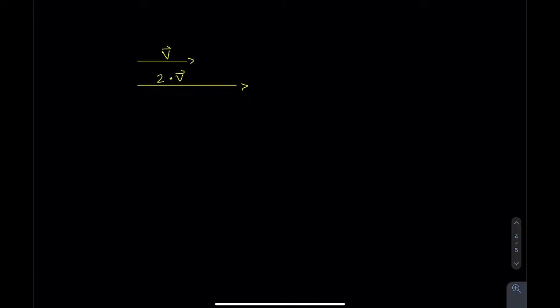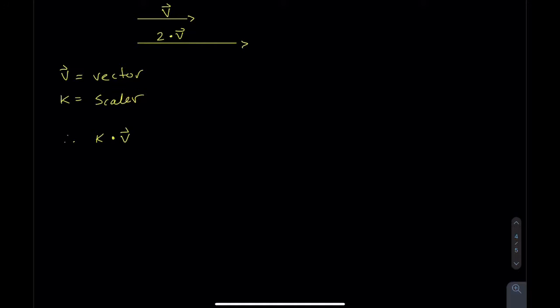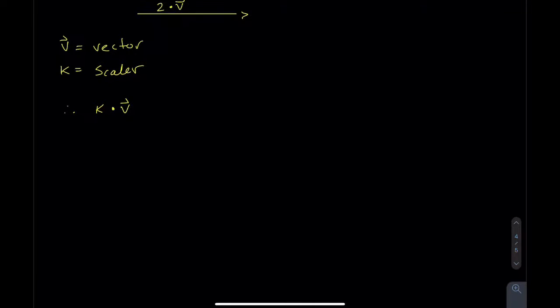So what I mean by this is, let v equal a vector, and let k equal a scalar. Therefore, multiplying k times vector v is going to be a vector.